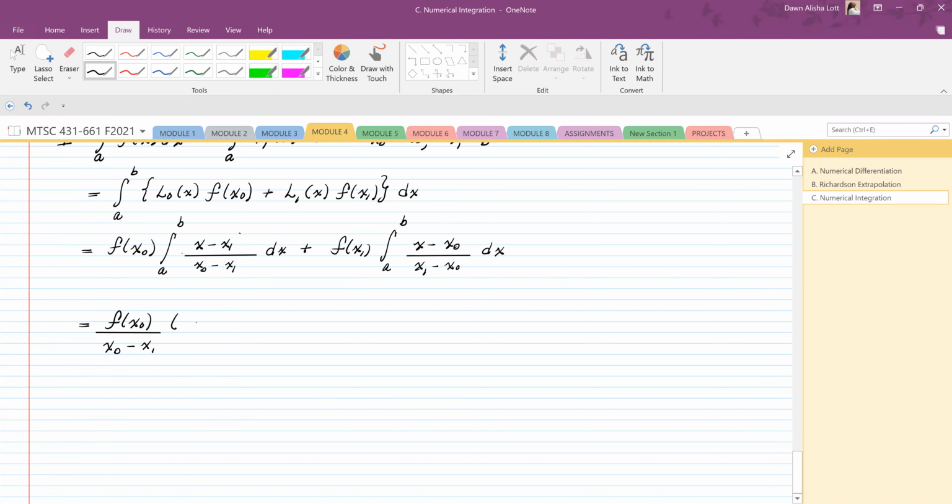Okay, x minus x1 squared over 2, plus f of x1 over x1 minus x naught times x minus x naught squared over 2. And this is evaluated between A and B.